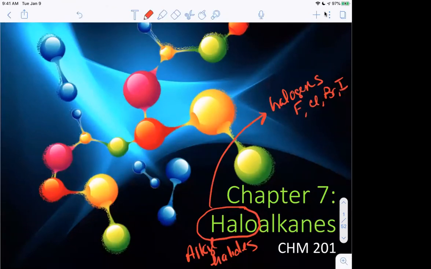And then remember, in this section, we're really going to focus on chlorine, bromine, and iodine. As I mentioned before, fluorine is a very small row 2 element, and it actually doesn't participate as much in these organic chemistry reactions as maybe you have noticed.